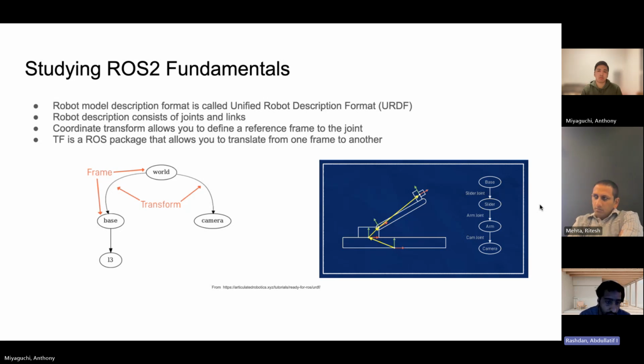And for that, we need coordinate transforms, which allow you to define a base frame or reference frame, which is the world, and then you attach how the base would be attached to the world, and let's say another joint that is attached to the base, and how would they move. And mainly when we talk about TF, we talk about translation and rotation with respect to another reference frame.